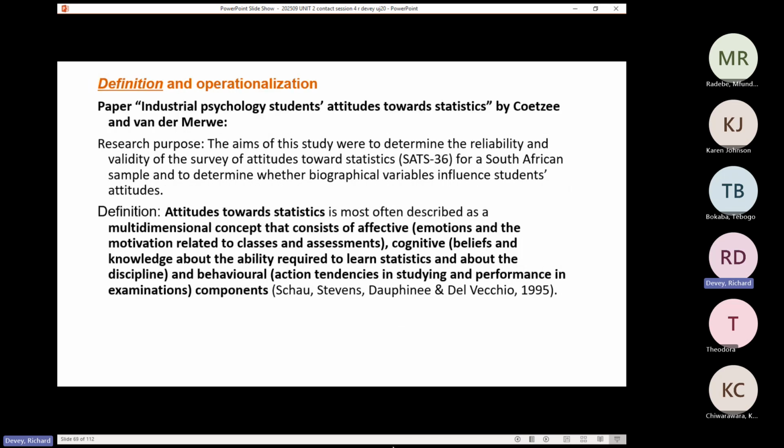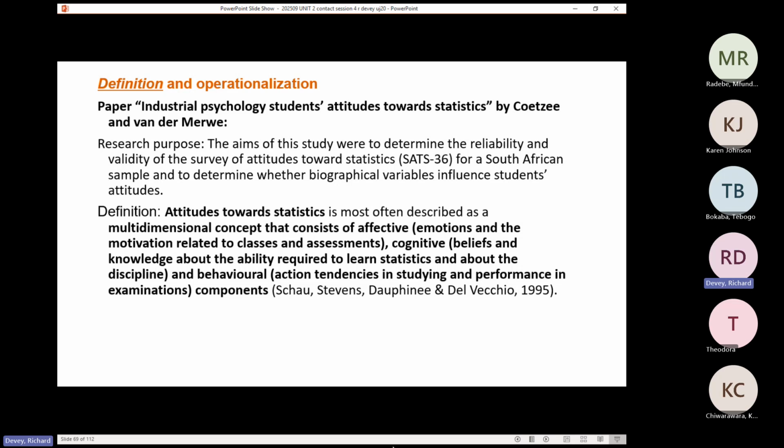Okay, so this is another example of definitions and operationalization using the concept of attitudes towards statistics. The study was industrial psychology students' attitudes towards statistics, and the purpose of the paper was to determine the reliability and validity of a survey of attitudes towards statistics.